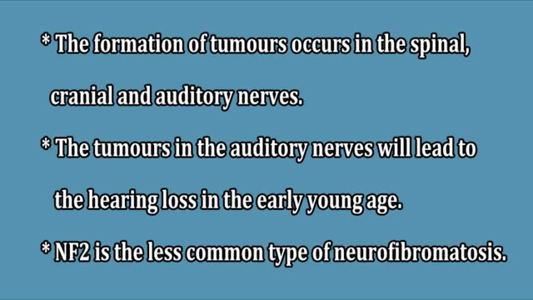When the mutation occurs in the gene NF2, the formed Merlin protein shows abnormal function. The formation of tumors occurs in the spinal, cranial and auditory nerves. The tumors in the auditory nerves will lead to hearing loss at an early young age. NF2 is the less common type of neurofibromatosis.